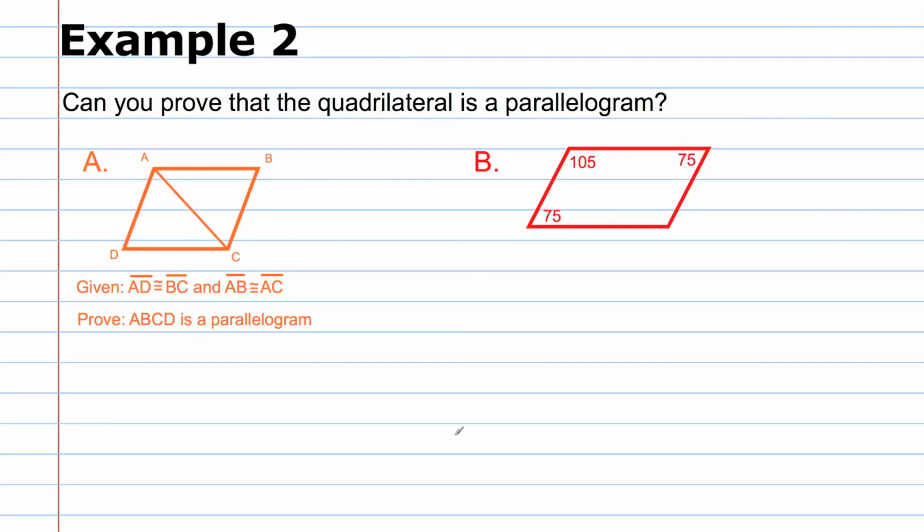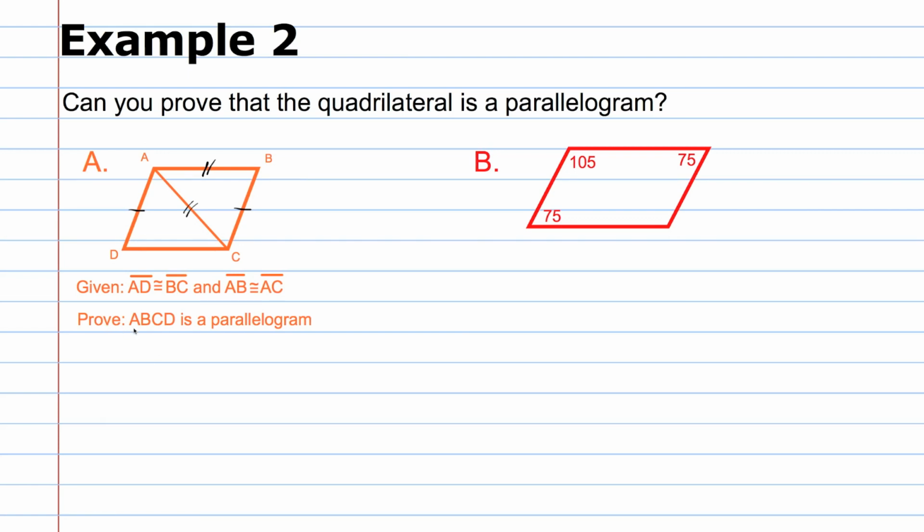In example 2, we are asked to determine if we can prove that a quadrilateral is a parallelogram. Here in the orange example, part A, we are given that segment AD is congruent to segment BC, so that's one pair of opposite sides congruent, and we are told that segment AB is congruent to segment AC.